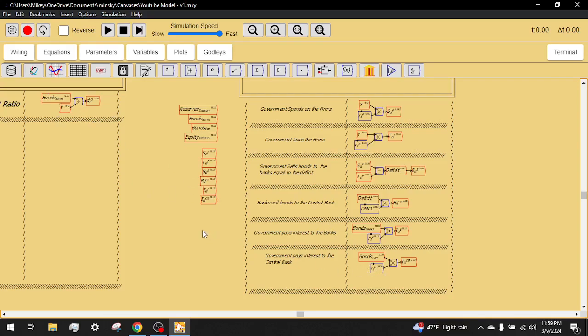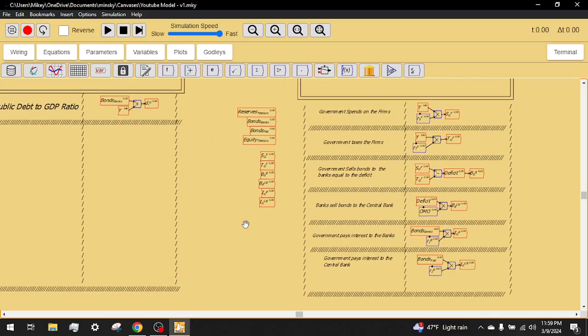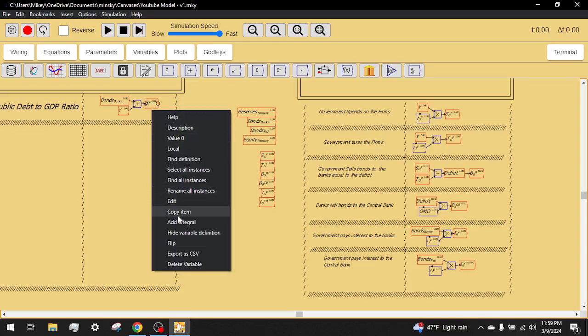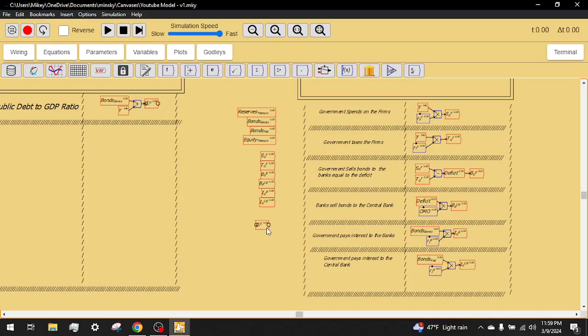Okay, so now we have all of the wiring diagrams set up, and the last thing that I'm going to do for this video is I'm going to take this quantity that I have, and I'm going to take these quantities over here. All right.